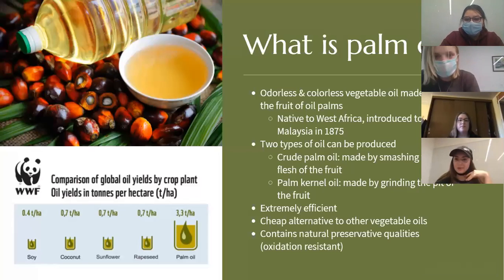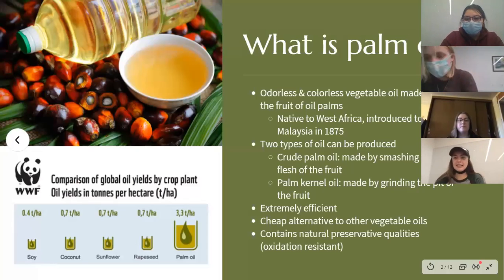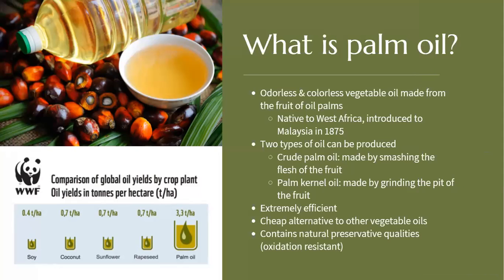So let's start from the beginning. What is palm oil? It is an odorless and colorless vegetable oil made from the fruit of oil palms. The particular species of oil palm that is most often used and commercialized to create palm oil is native to West Africa. So Nigeria is one of the producers of palm oil.